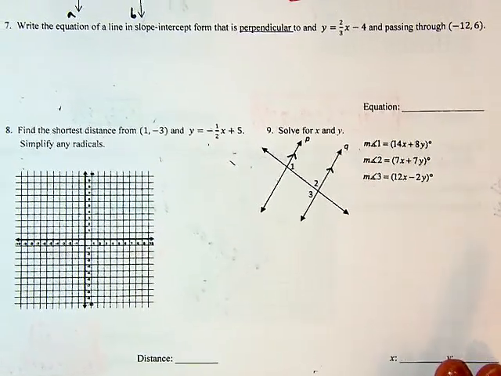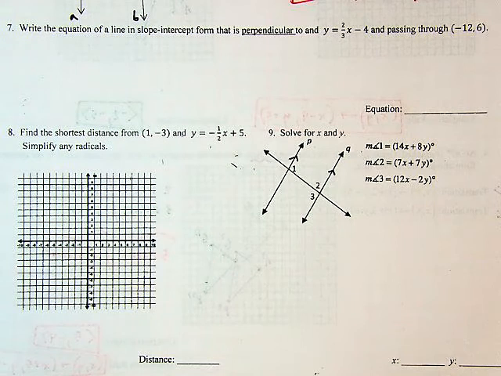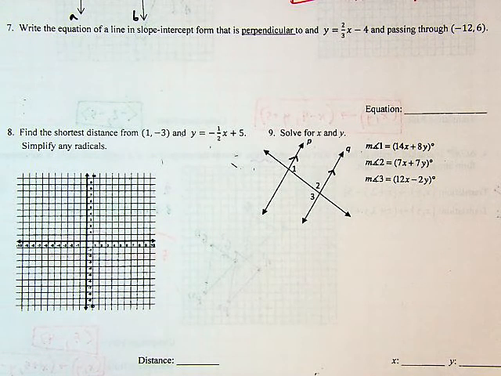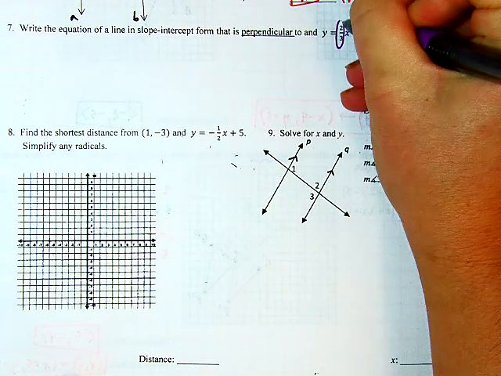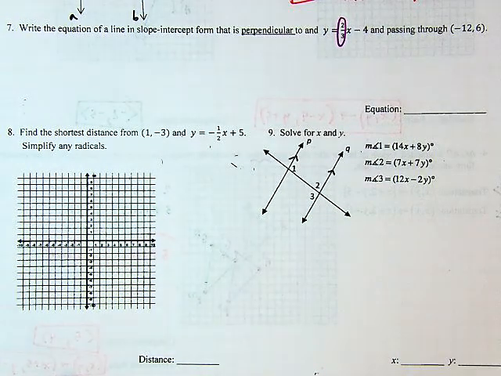All right, number 7, write an equation of a line in slope-intercept form that is parallel to the line, or not parallel, perpendicular to the line provided and passing through the given point. So if I'm looking for perpendicular and this is my given slope from my original line, my new slope is going to be -3/2.